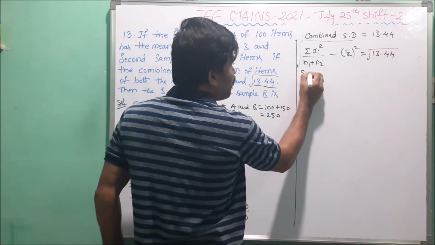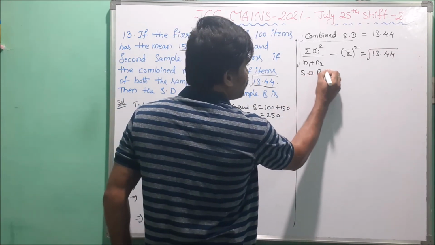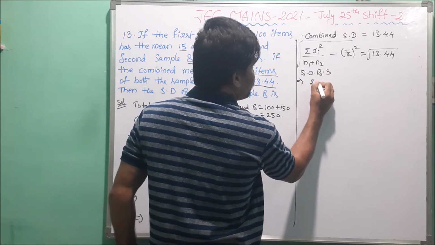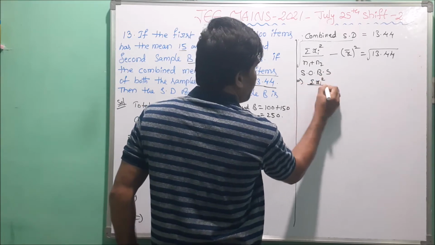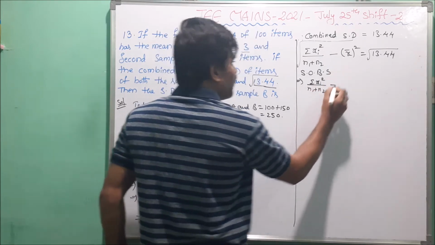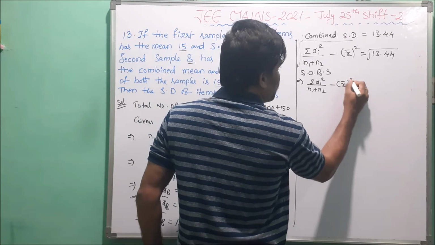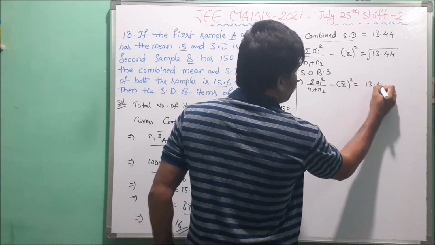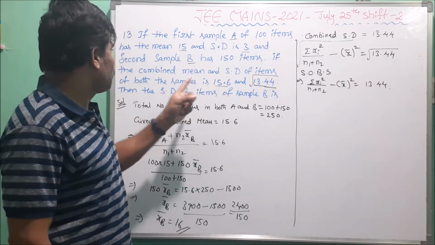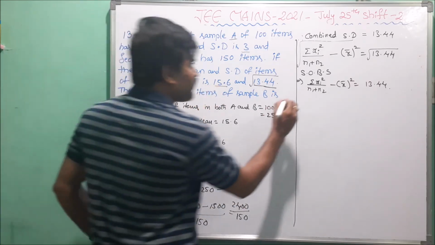Now squaring on both sides, we get summation xi square by n1 plus n2 minus x bar square equals 13.44.